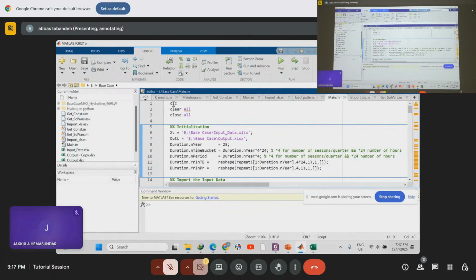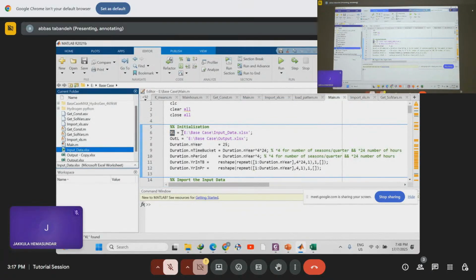This syntax is for clearing your previous results in MATLAB, or closing all figures that you have produced already. Now we would like to read the input data, the Excel file. So we have defined Excel, and we need to give it the directory of our input file.